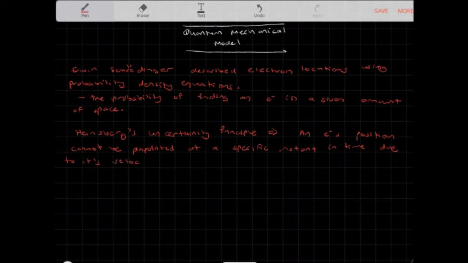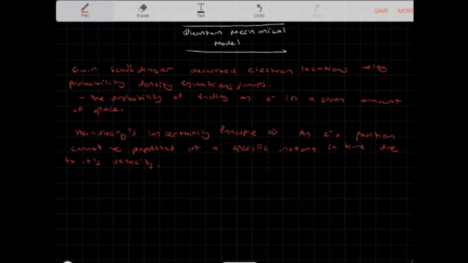Right, so it doesn't make sense for us to look at a position of an electron because that position is changing. Rather, we look at a map of the area where we'd most probably find an electron. So these probability density maps were really useful in pinpointing where an electron would most likely be found, right?